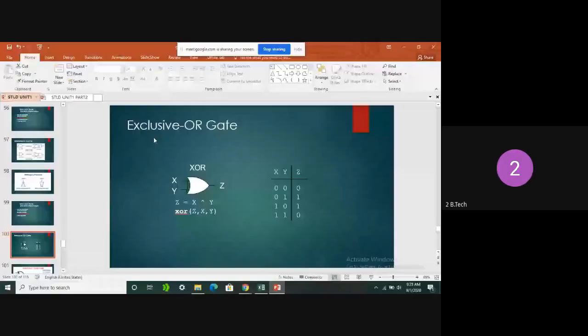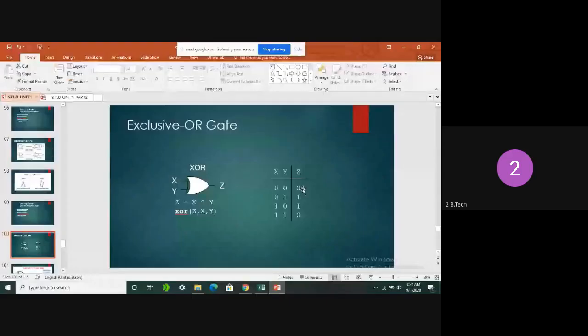So in its truth table, if you observe, if X equals 0 and Y equals 0, Z is obviously 0. Why? Because for similar inputs, exclusive OR produces low logic. If both inputs are low logic, the output is also low logic. In the fourth combination, both inputs are high.